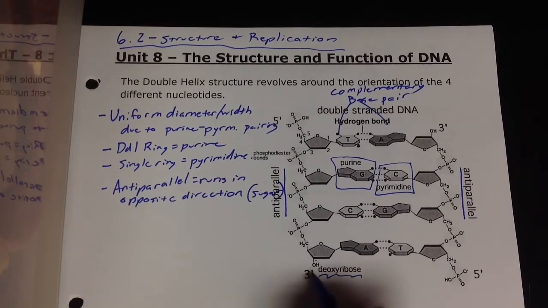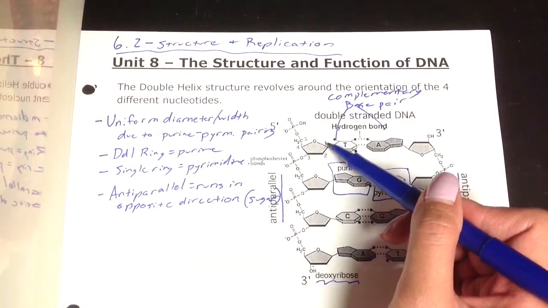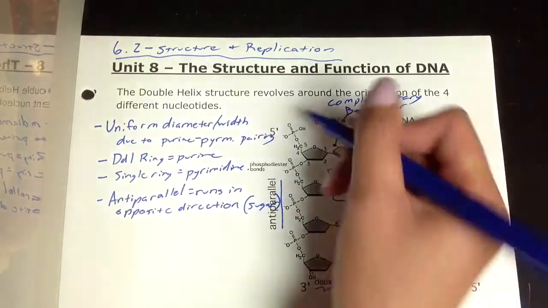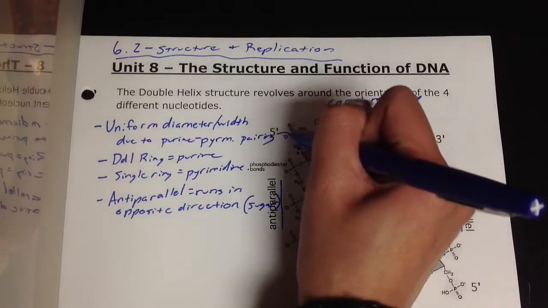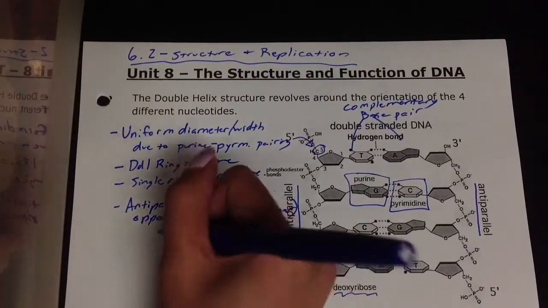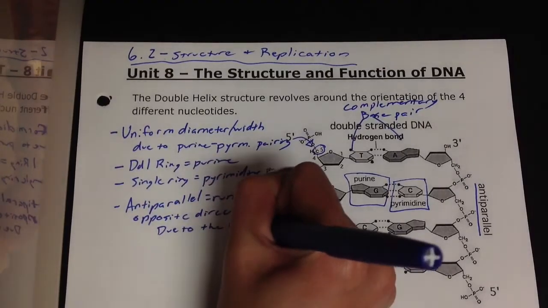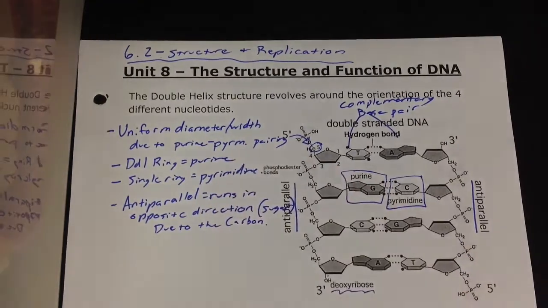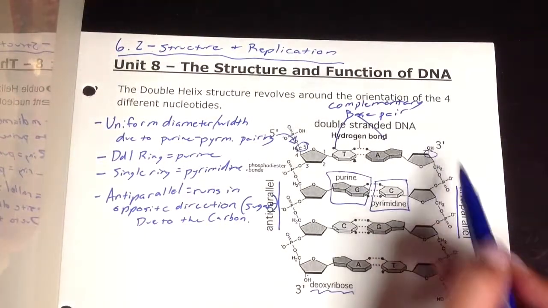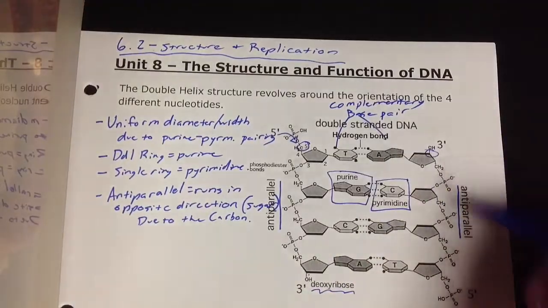So if you notice here, you have carbon 1, 2, 3, 4, and then 5 is right here. So we are 5'. It runs in the opposite direction due to the carbon. And then the 3rd carbon is in this direction. Okay, so 5' to 3' and 3' to 5'.